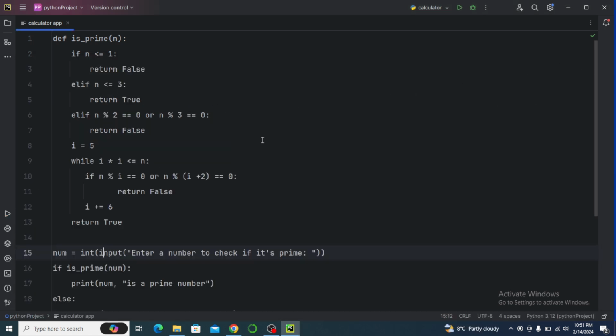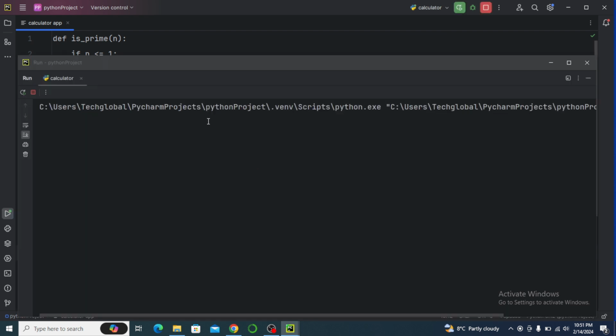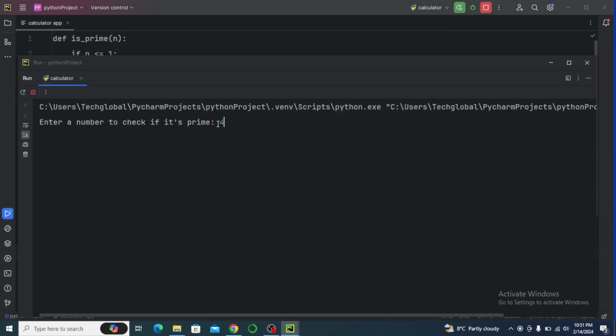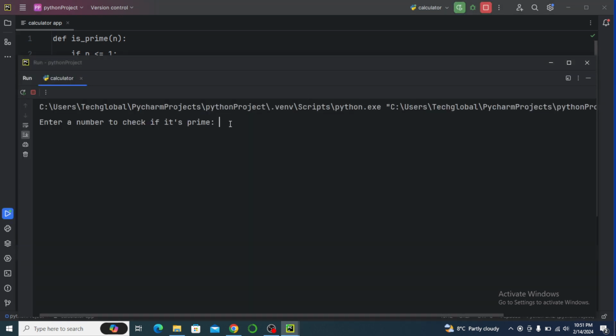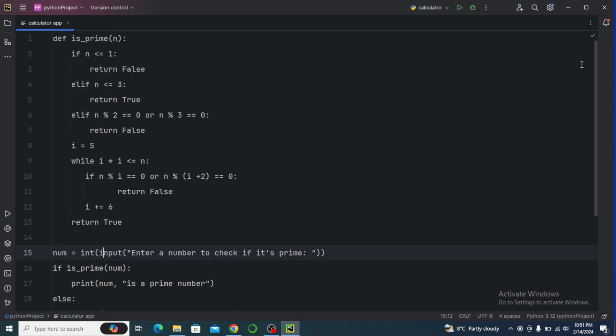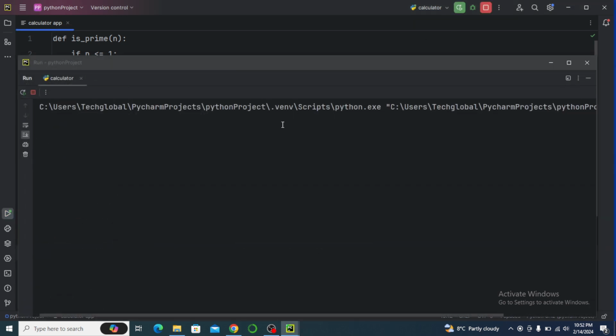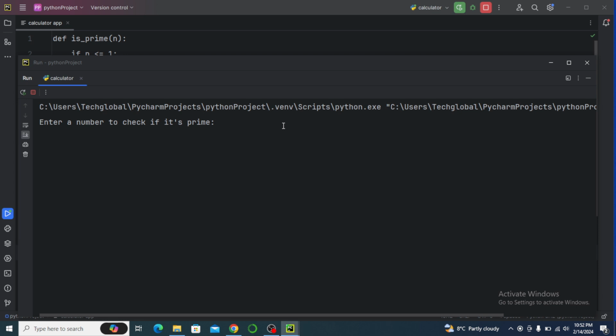That's good. Let's see 4. 4 is not a prime number. Wow. Let's see 5. 5 should be a prime number. Okay, that's good. Let's see 6. 6 is not a prime number.